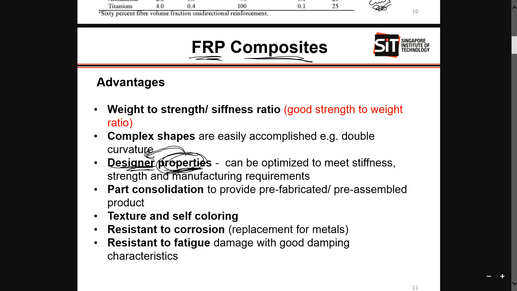You can design your properties based on your needs, whereas with metals, everything comes in a set of properties. Sometimes you want a property that is light, but if the material is light, it is not hard, so you need to find another material. However, with a composite, you can mix light and hard all together at once. So this is why composite is chosen.